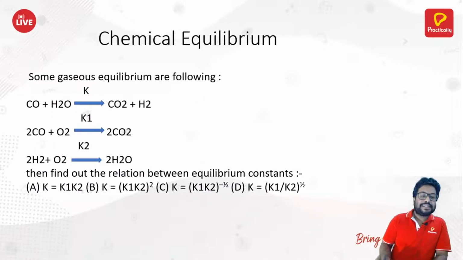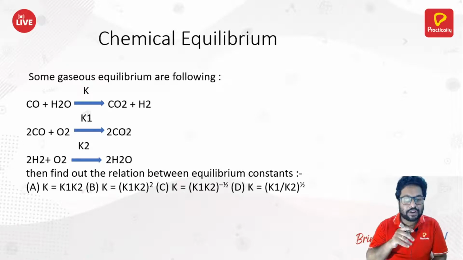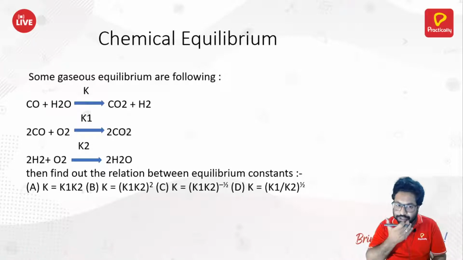Next. Some gaseous equilibria are given. The one is K, and K1 and K2. And they have asked us to find out the relationship between these equilibrium constants. See, such kinds of questions have been asked so many times in exams. Okay.